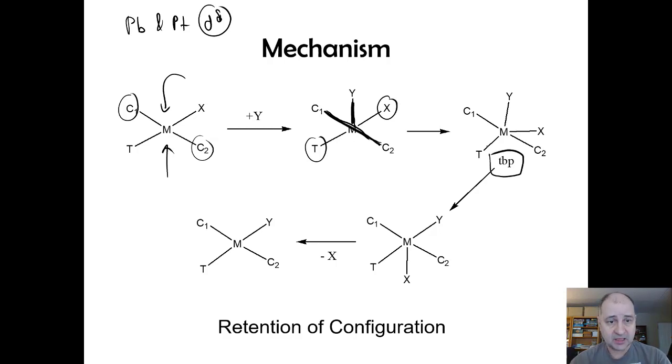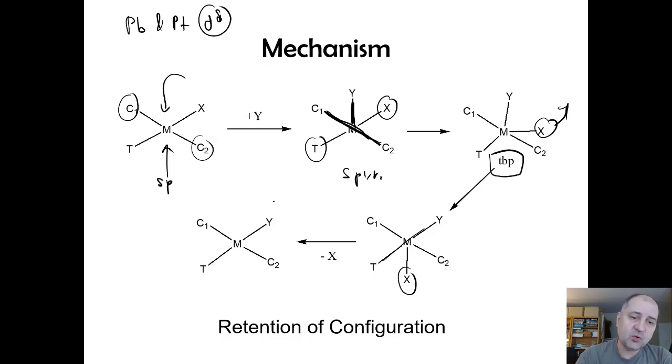If you were to draw a mechanism out like this, you also want to indicate your geometries: this is square planar, this is a square pyramid, and then this is trigonal bipyramidal. Once your ligand X leaves, it can rearrange to form a square pyramid and then kick out X, and so we have the new incoming ligand that is in exactly the same position.